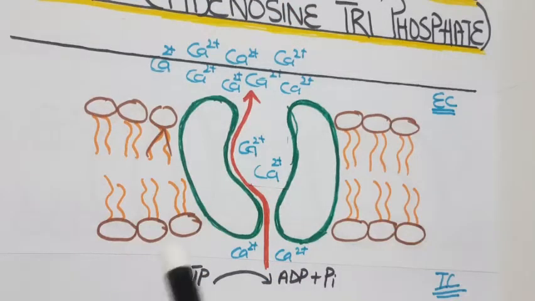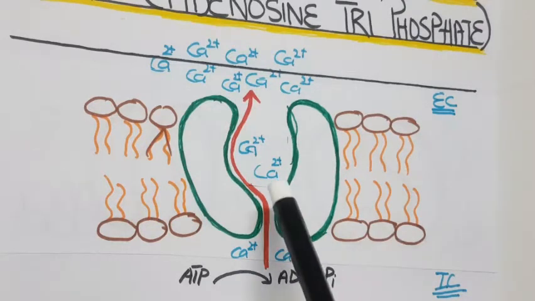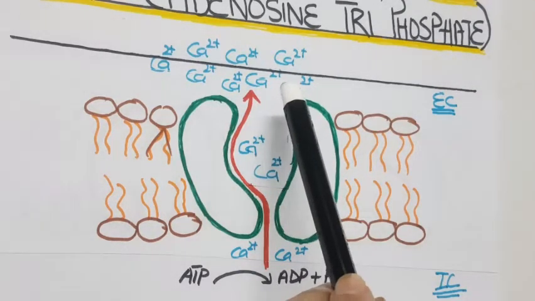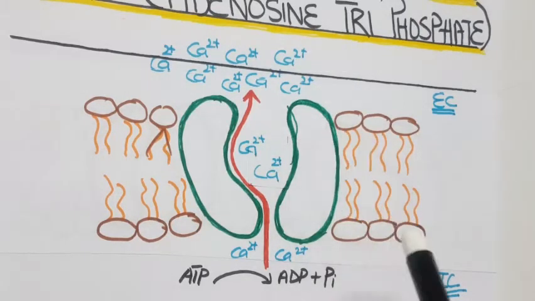This is just a general diagram showing the lipid bilayer and the calcium pump, showing the transport of two calcium ions from intracellular to extracellular space against its concentration gradient and by utilizing energy from the breakdown of ATP.